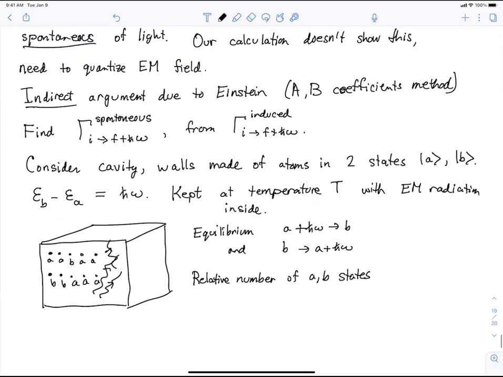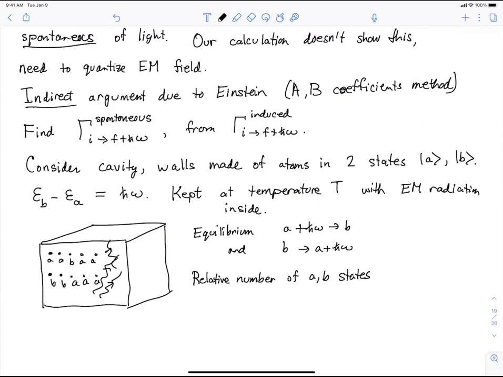Okay, so we've got this cavity. The walls of the cavity are made out of atoms, which we're going to assume are in two possible states, A and B. Okay, and then we heat it up to some temperature. It's not going to turn out to matter what temperature we heat it up to, but we're keeping it at equilibrium at that temperature.